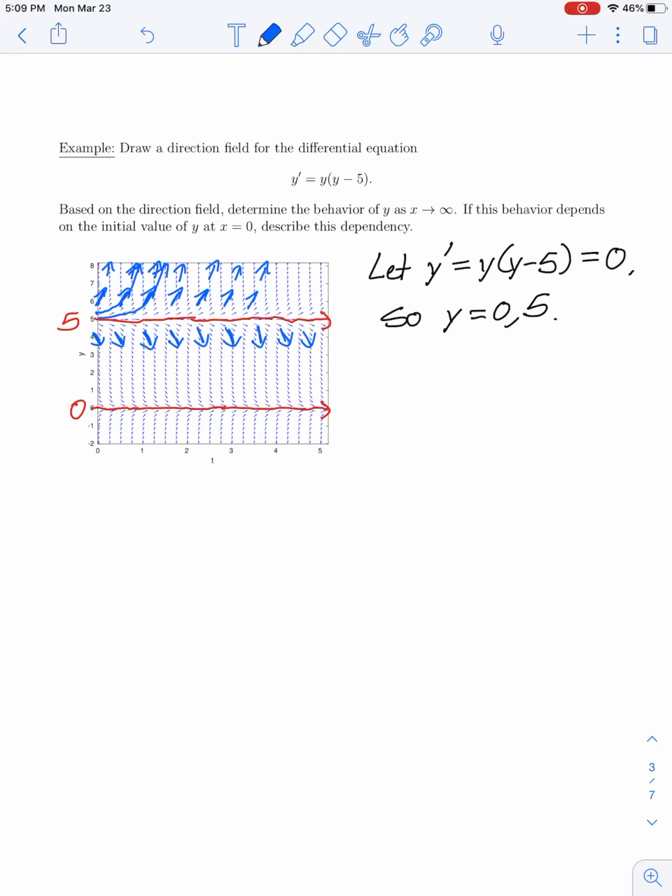And as we start to decrease the value of y, say letting y be equal to 1, for instance, we would have 1 times 1 minus 5, or again, negative 4. So we have the same sort of slope down here.